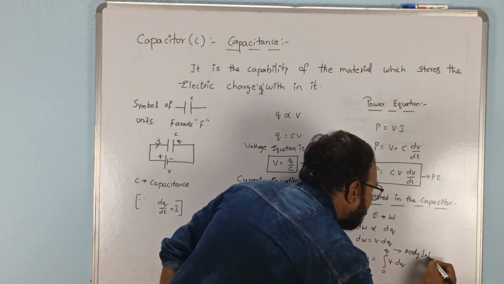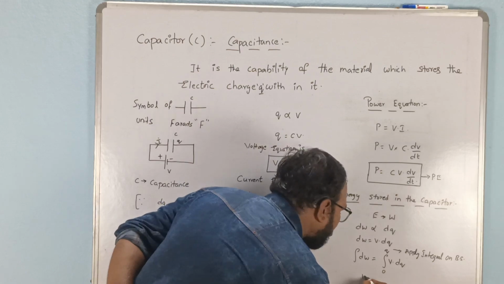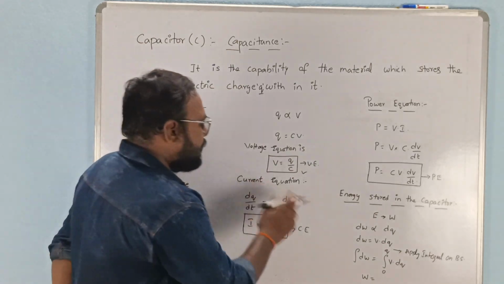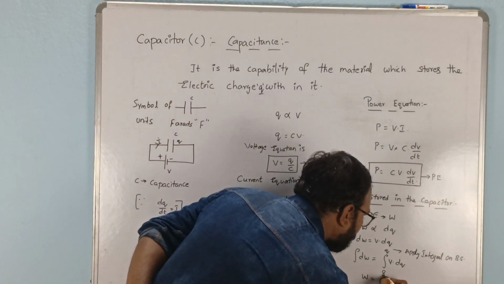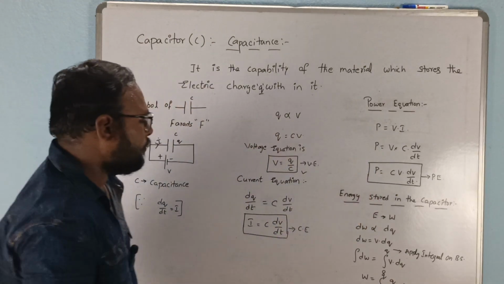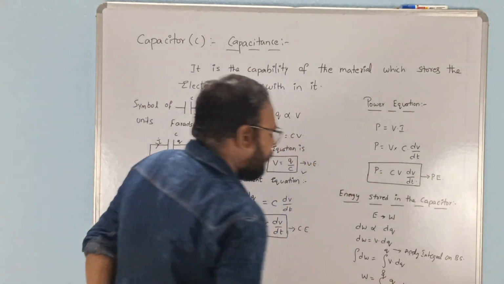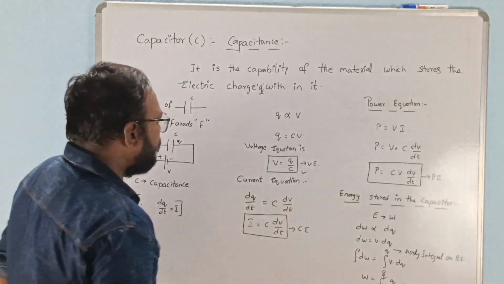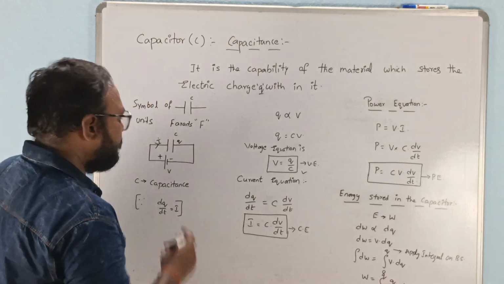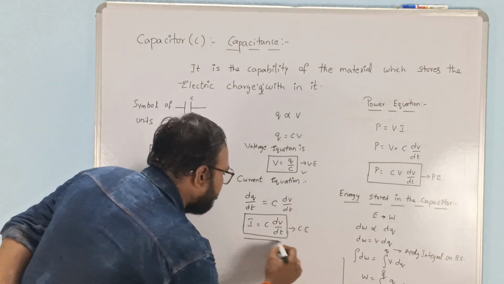Now the work done W is equal to the integral from 0 to Q of Q by C into dq, using V is equal to Q by C from the voltage equation. Now substitute Q is equal to CV here.